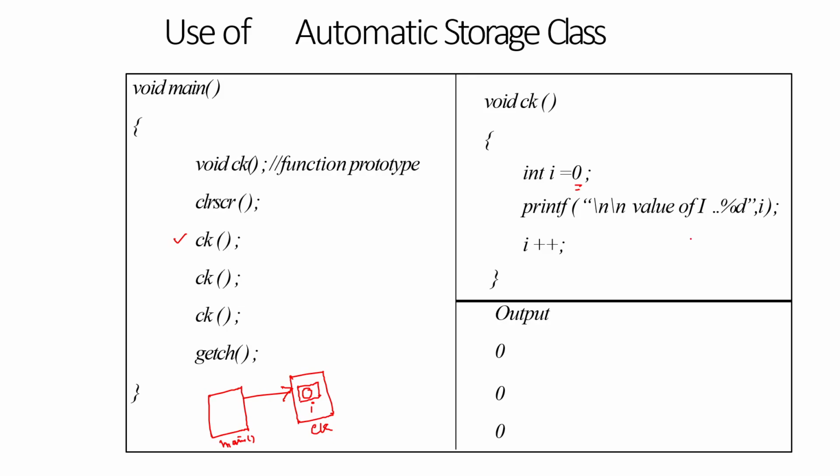Then it will print the value of I, that means 0 is printed, and then it's incremented by 1. So now I will become 1.